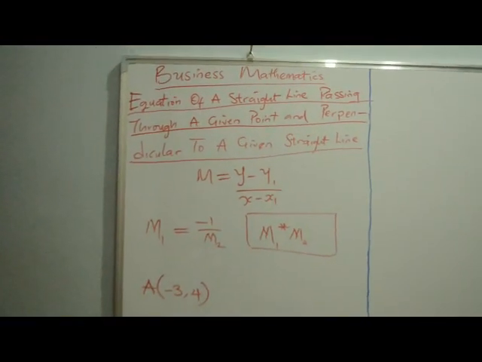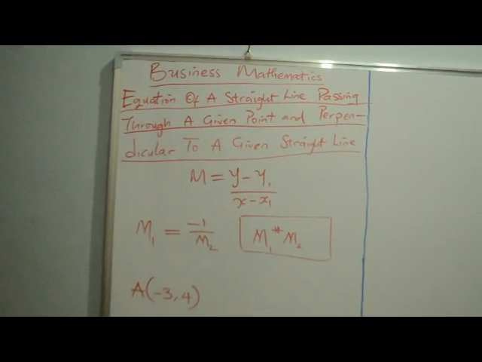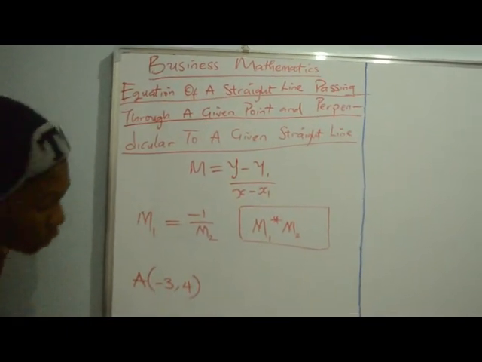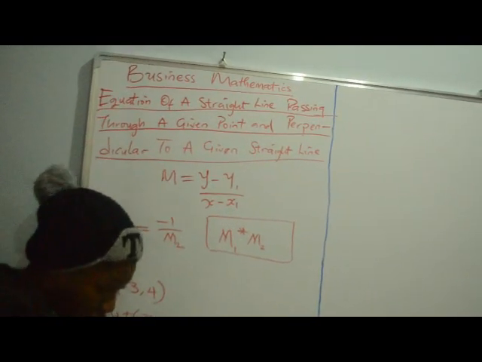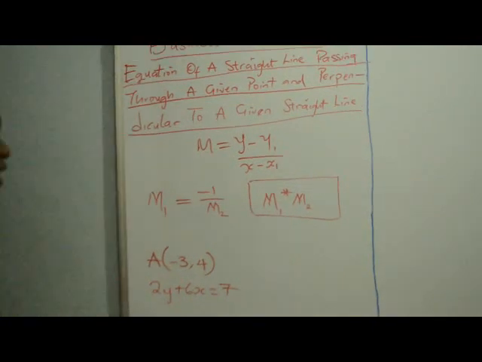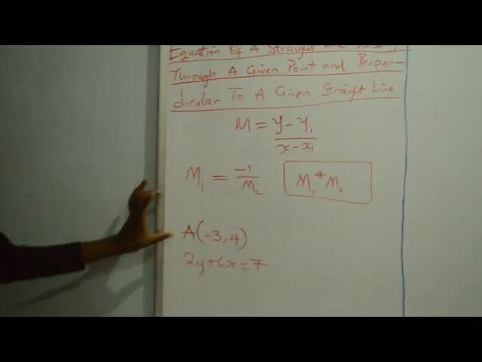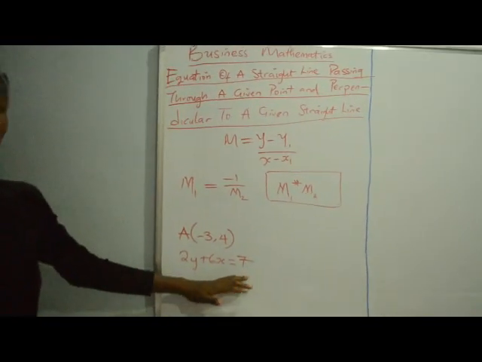This is our first condition. According to the line, it was perpendicular to 2y + 6x = 7. So these are the two factors relating to this line: this is the point it was passing through, and then it was perpendicular to this.